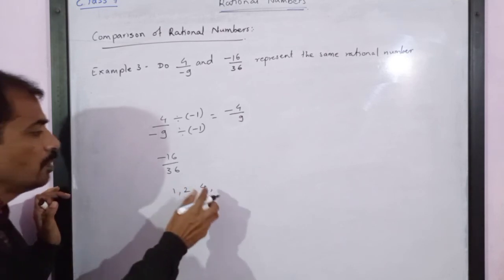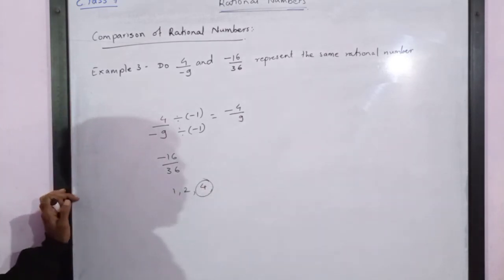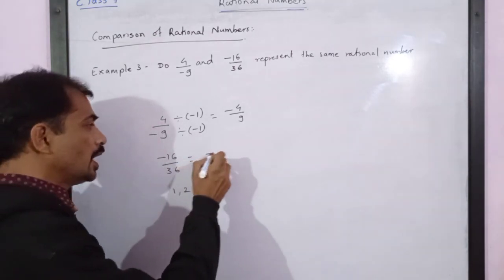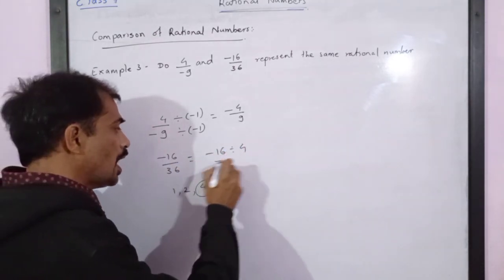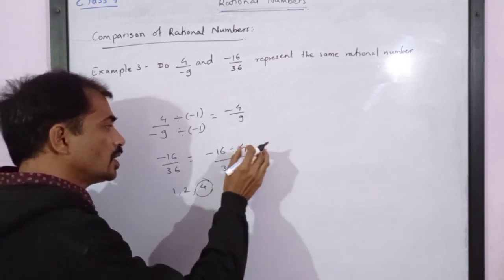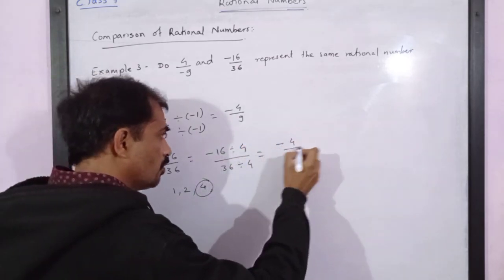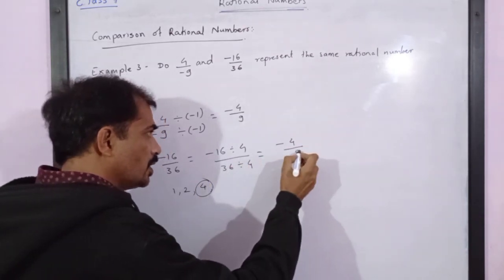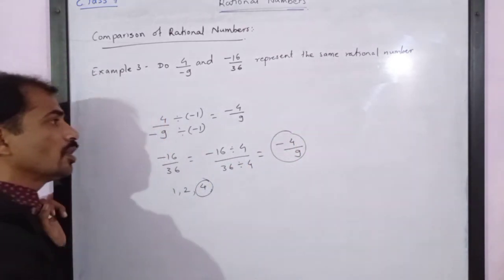So it means 4 is the highest common factor. So divide negative 16 by 4 and 36 by 4. You will get 16 divided by 4 is 4 and 36 divided by 4 is 9. So we have got negative 4 upon 9.